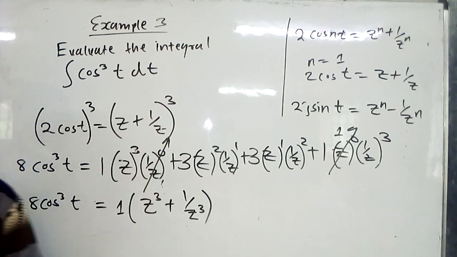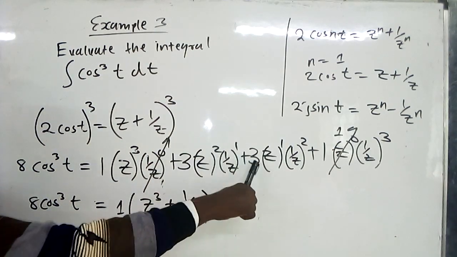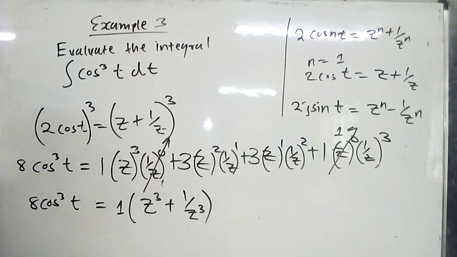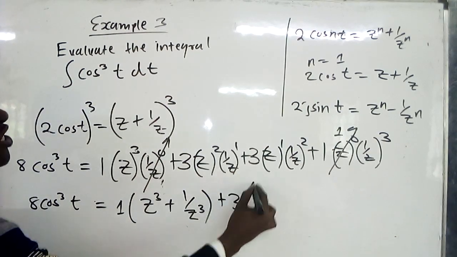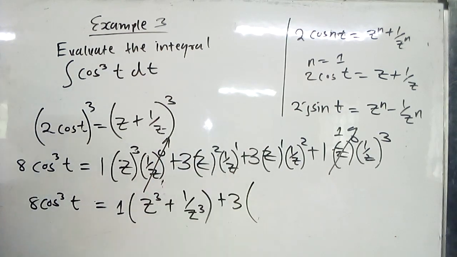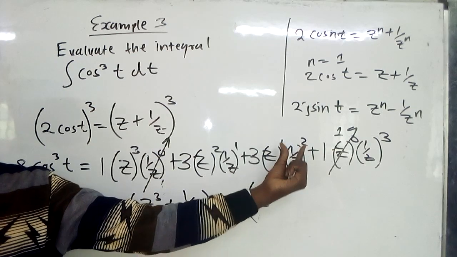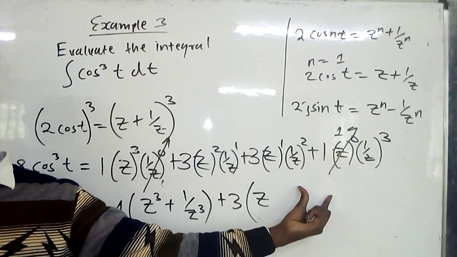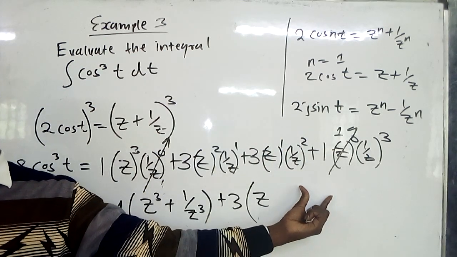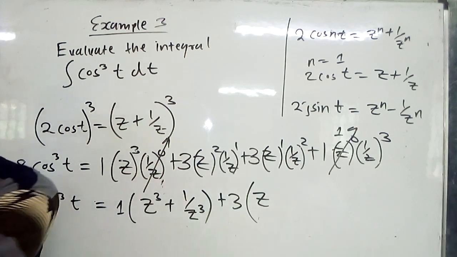Are we together? Then this other one, coefficient of plus 3, coefficient of positive 3, isn't it? So if you put that same coefficient, you join here, you have z squared divided by z is z. So when you get it to be z, you don't even need to struggle with working out this, meaning this one must also be 1 over z, isn't it? What you need to know is whether the sign is negative or positive.